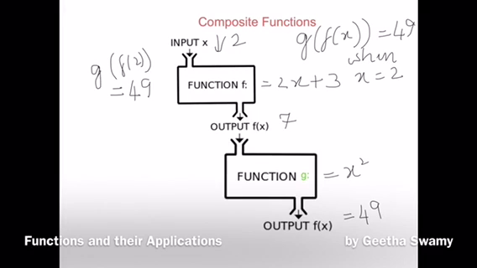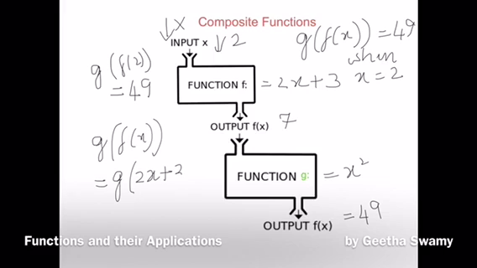Now suppose I put an x into the same function. My output is going to be 2x + 3, which then becomes the input for the g function, which is going to square it. So now if you think of g(f(x)), into the g function I am putting in the f function, which is 2x + 3.